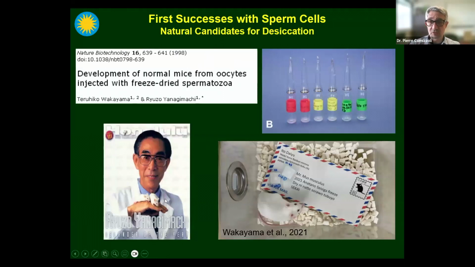So that was a huge breakthrough, because it was a very good proof of concept for the fact that we can preserve sperm cells in these glass ampoules for the long term. Even more recently, that same team has been able also to ship by mail dried sperm from lab to lab, and to show that the sperm is still viable after it is injected into an egg.